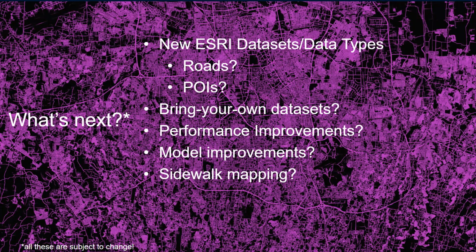The second one is we are going to improve our tooling performance, especially those slow data loading problems. And we also continue to improve our prediction model. And since getting into the pandemic, outdoor activity for pedestrians is more and more popular. So we'll start building up features to support sidewalk mapping as well. Next slide, please.